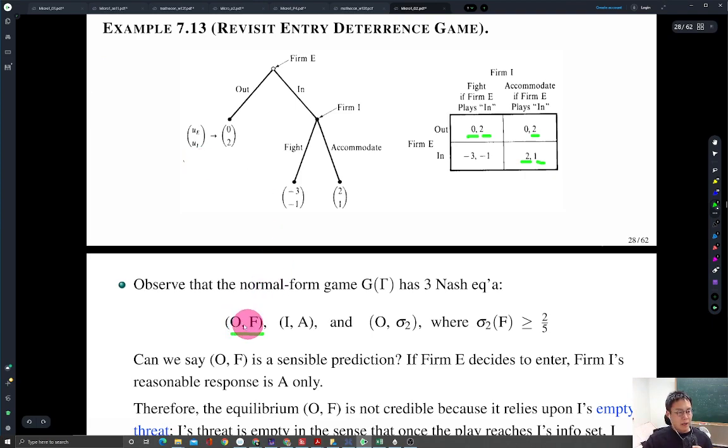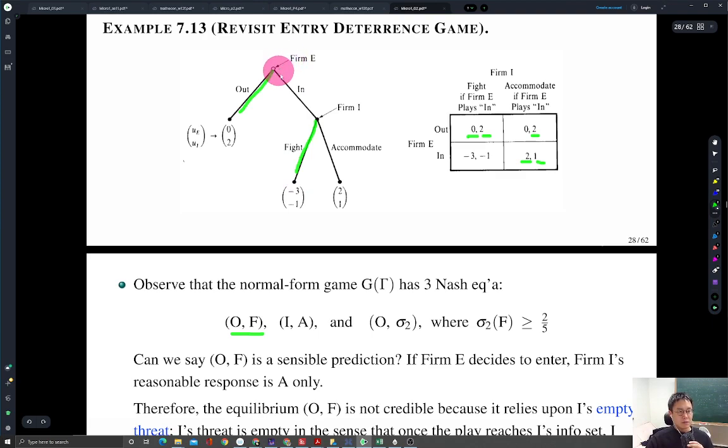if we think about the players' behavior in this Nash equilibrium, E stays out, and I chooses fight. So in order to see the rationale behind playing O, why does the entrant choose to stay out? Because in the Nash equilibrium, each player has a correct conjecture about the opponent's behavior.